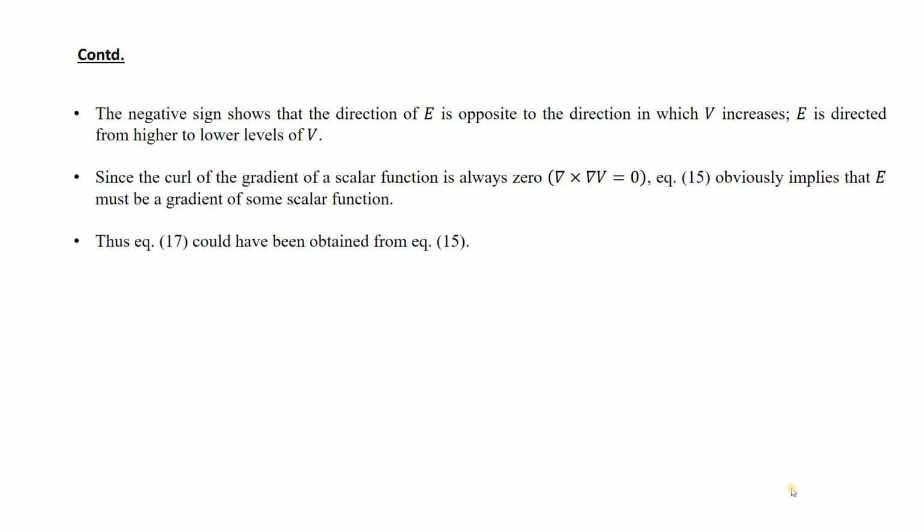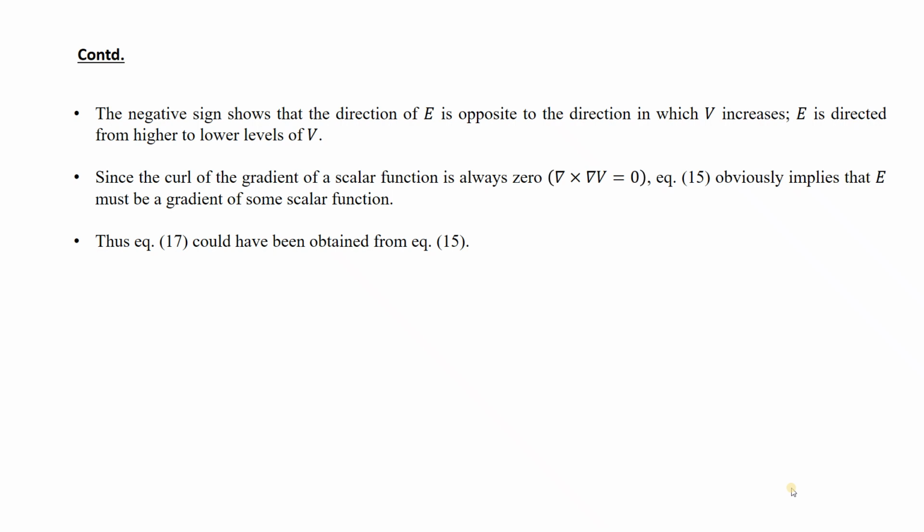That means if the potential at a particular point increases, then the electric field intensity at that point decreases. So E is directed from higher to lower levels of V. And if the potential decreases, the electric field intensity at that particular point increases.